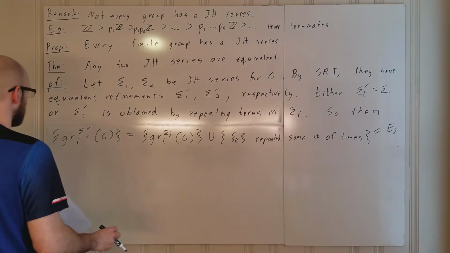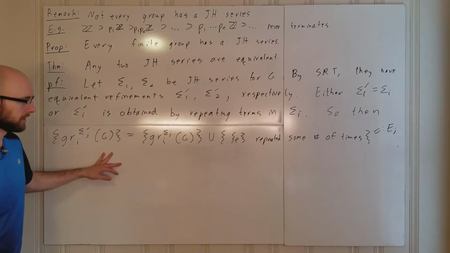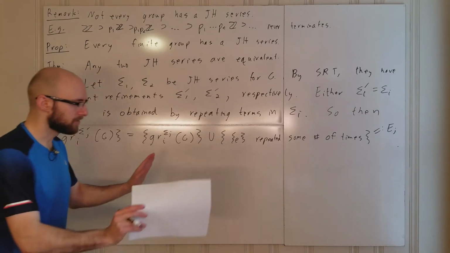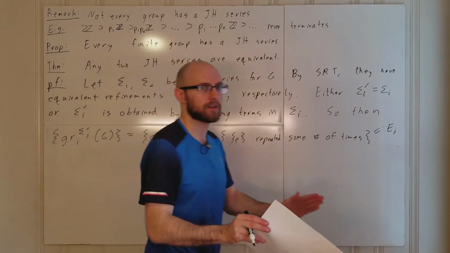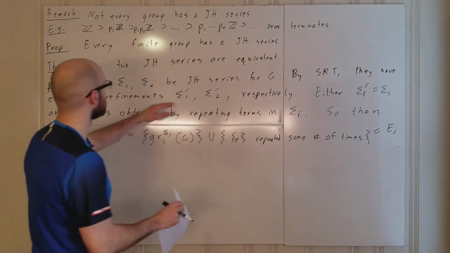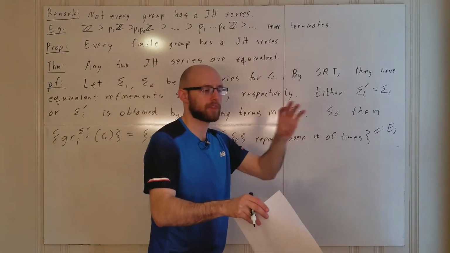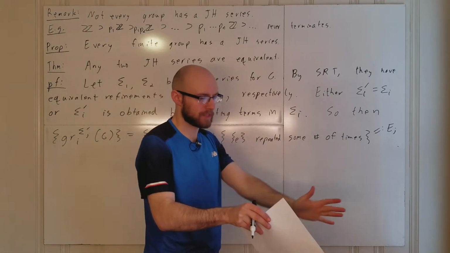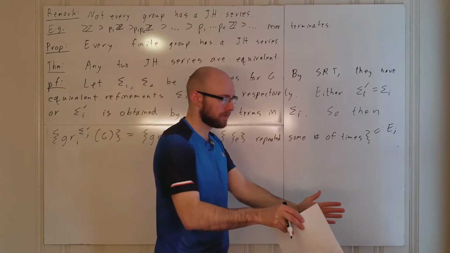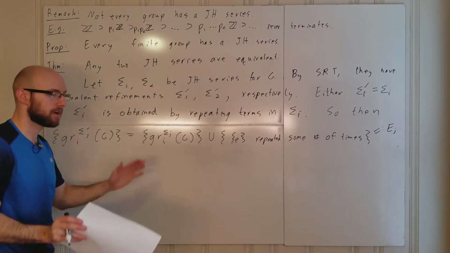This is true because if you look at the graded pieces of sigma j prime, then for any two of the subgroups there, either you took them from sigma j without throwing any duplicates in there, in which case the graded piece just comes straight from sigma j.